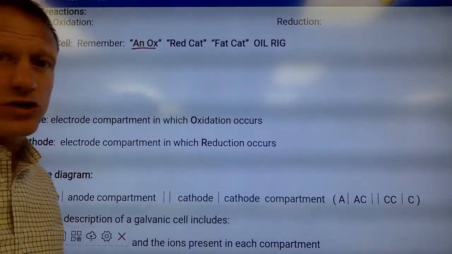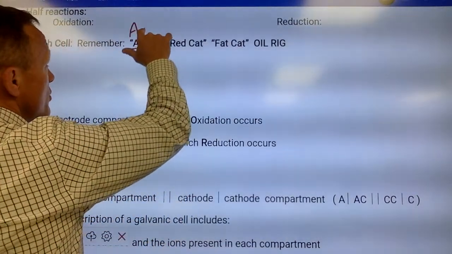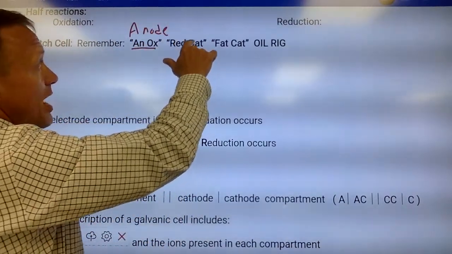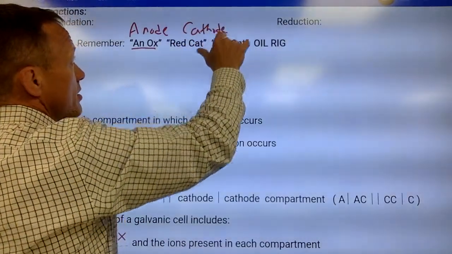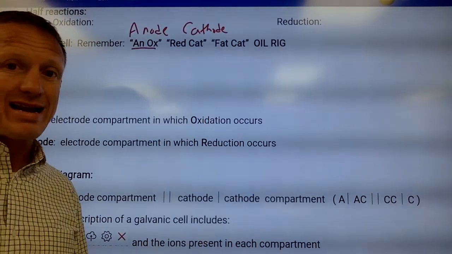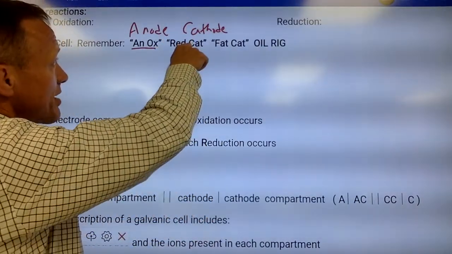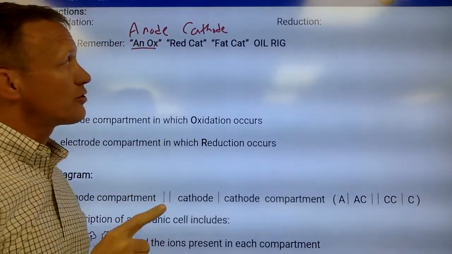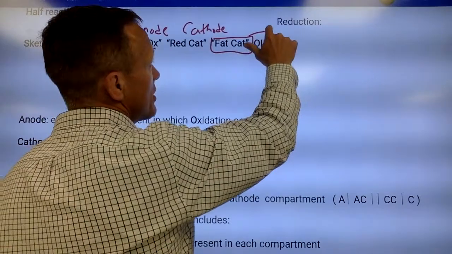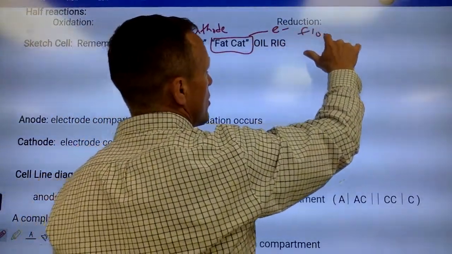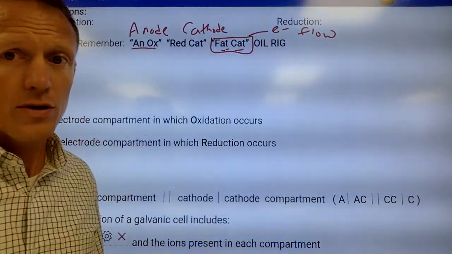An ox. Oxidation occurs at the anode of the battery. Red cat. Reduction occurs at the cathode. Batteries have a positive and a negative end. So reduction occurs at the cathode. Oxidation occurs at the anode.